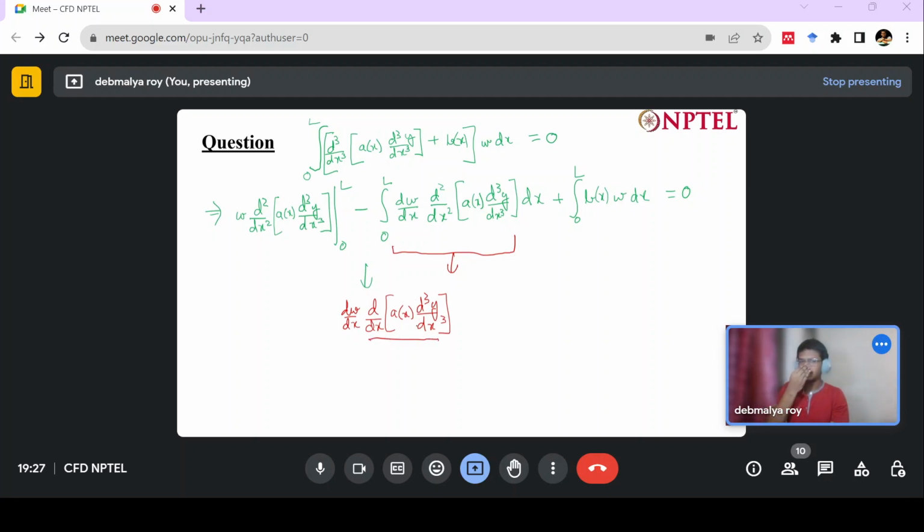If this is given, then this is a natural boundary condition. If instead dy/dx is given, dy/dx is our primary variable here. If that is given, then this particular term becomes zero. dw/dx becomes zero, and this is an essential boundary.